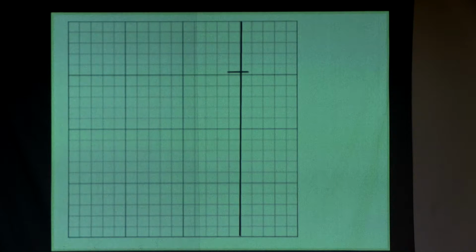No, that's not right. Let's try one more time. Let me erase everything and start over again. This is the one that's getting to me. Okay, that's a good one.